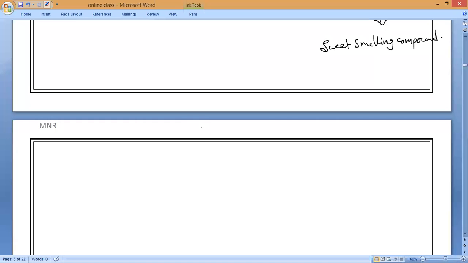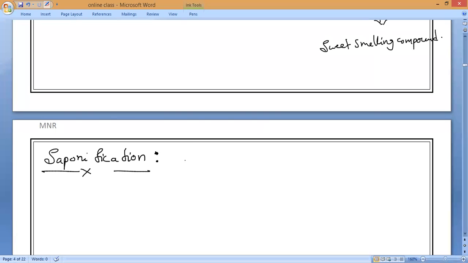Right, the last reaction, saponification. By adding sodium hydroxide, it will form the alcohol and the sodium salt of carboxylic acid, sodium acetate.